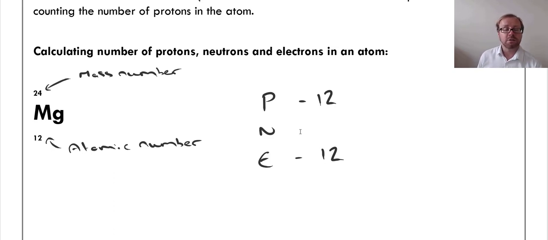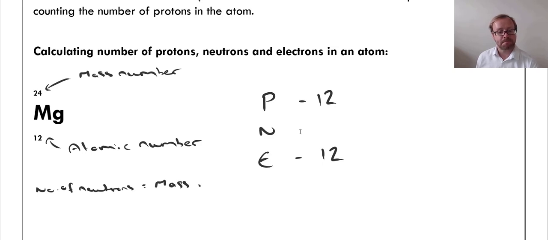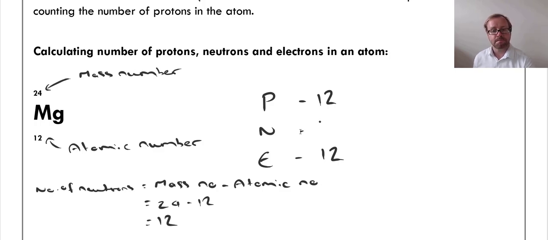Working out the neutron number is slightly more difficult, so we can use this formula. The number of neutrons is equal to the mass number minus the atomic number, which is equal to 24 minus 12, which equals 12.